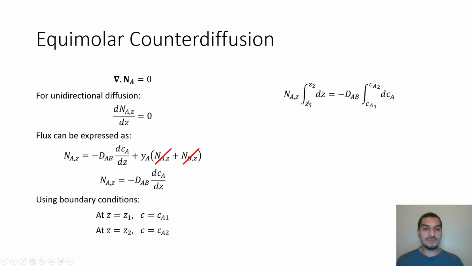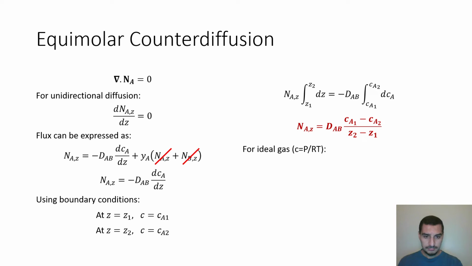We do the integration of dZ from Z1 to Z2 and of dCA from CA1 to CA2, and of course we assume that the diffusivity is constant, assuming we have constant temperature and pressure, and that the diffusivity is not affected much by the change in concentration between CA1 and CA2. This is a very, very simple and straightforward integration, which is going to be just delta C by delta L. And in case of ideal gas, we can use the equation in terms of pressure instead of concentration.